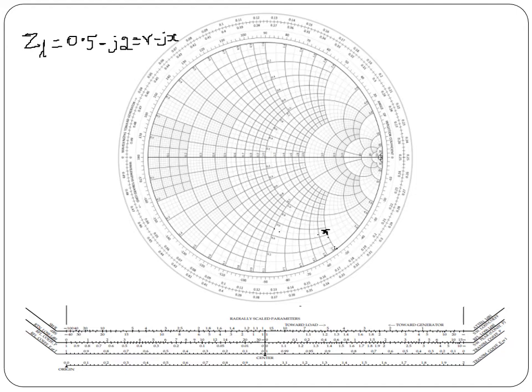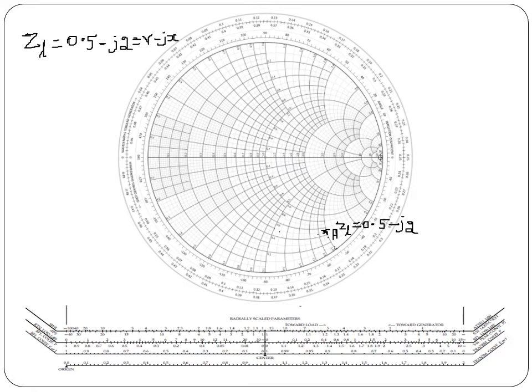Name it as A, and its ZL is equal to 0.5 minus J2.